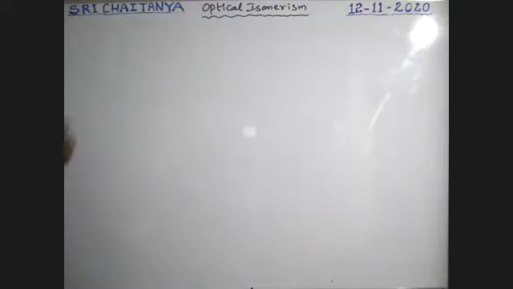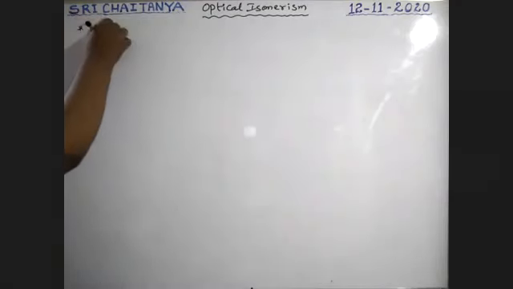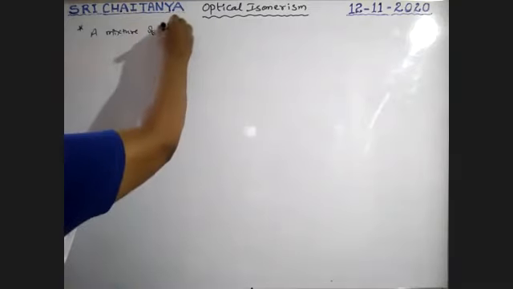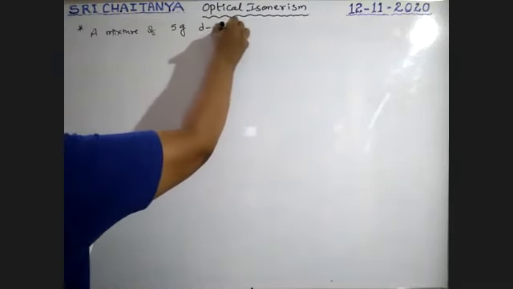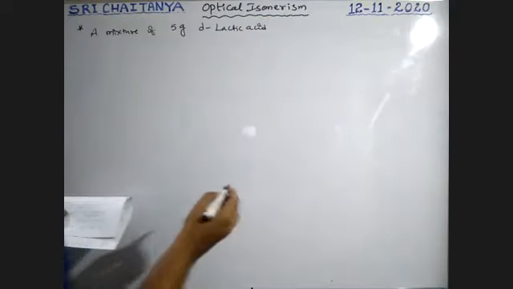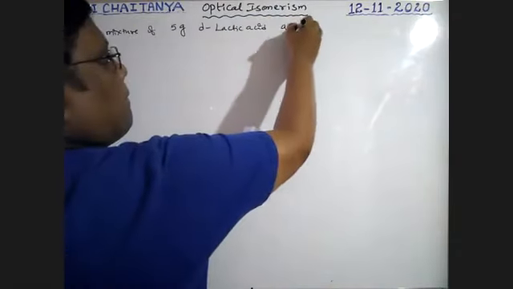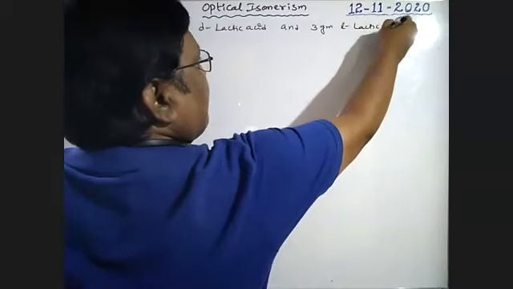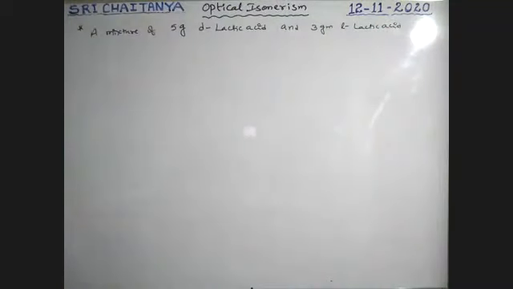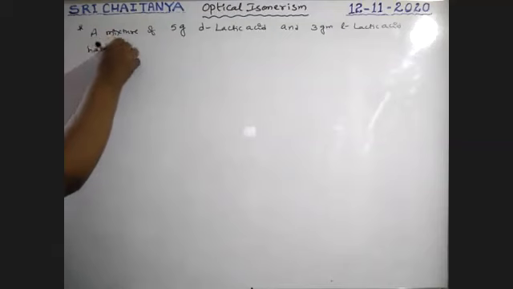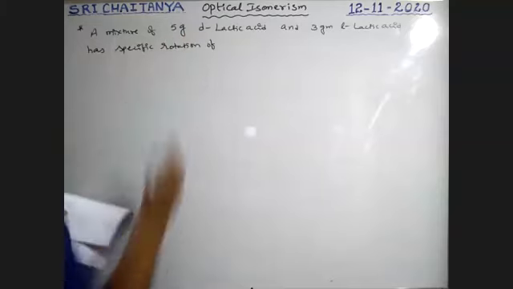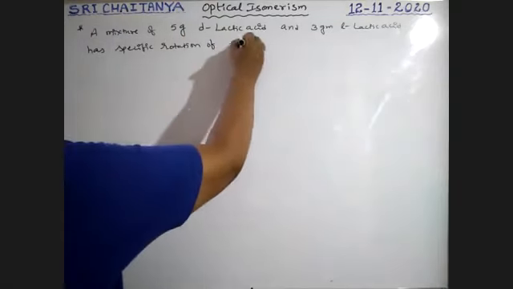Now see here, boys. A mixture of 5 grams D-lactic acid and 3 grams L-lactic acid has a specific rotation of plus 2.5 degrees.